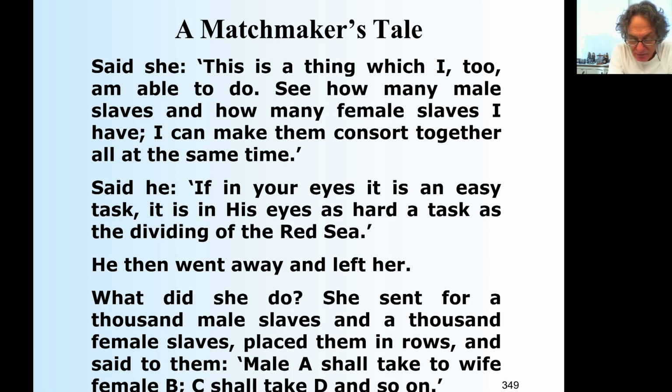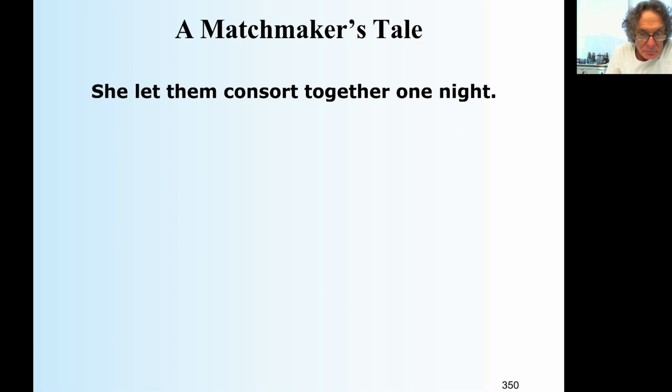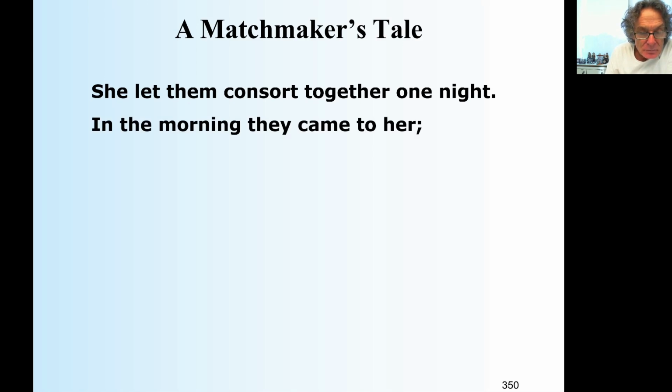A to B, C to D, E to F, and so on. Not a big deal. What happened? She let them consort together one night. So they had to spend one night together. In the morning, they came to her.